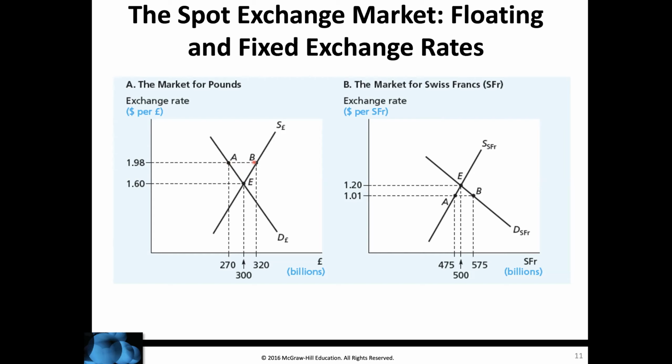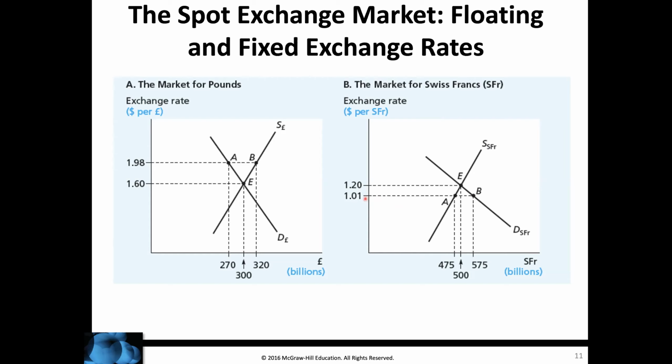In panel B, we're looking at the market for Swiss francs, and this is dollars per Swiss franc. So the equilibrium you can see at point E is $1.20, and the Swiss government in this case is committed not to let the franc rise above $1.01 per Swiss franc.